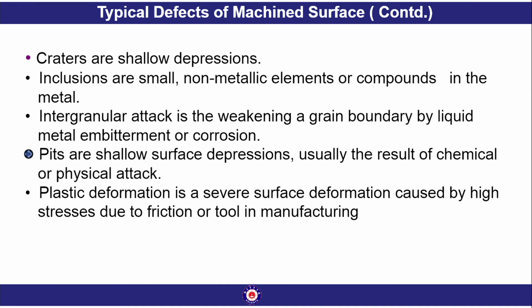Pits are shallow surface depressions, usually the result of chemical or physical attack. Plastic deformation is a severe surface deformation caused by high stresses due to friction or tooling in manufacturing, which is the main cause of surface defects.